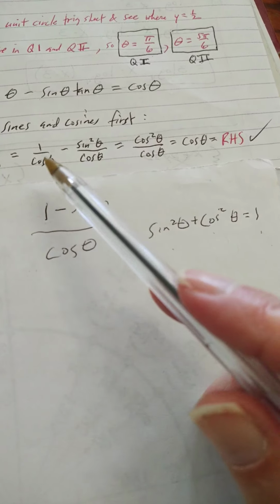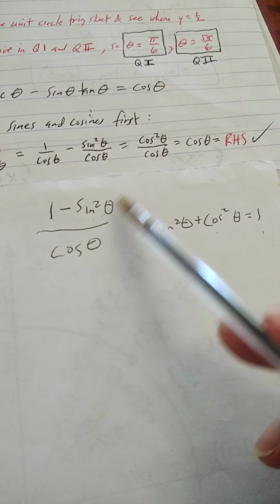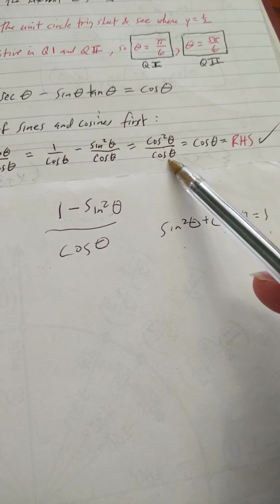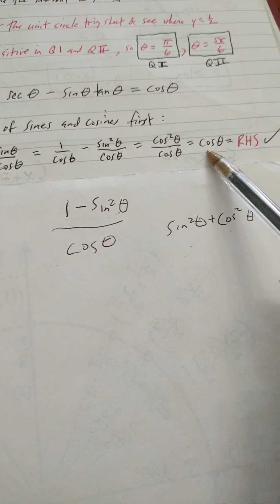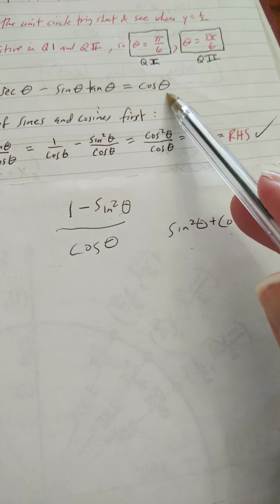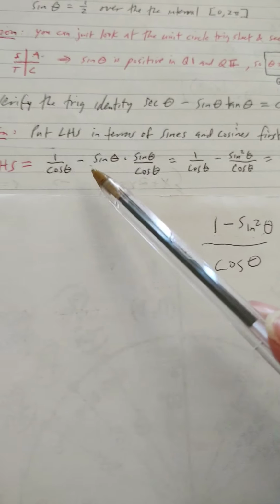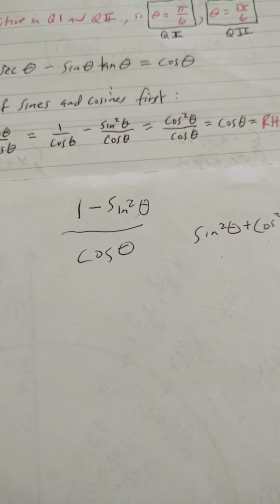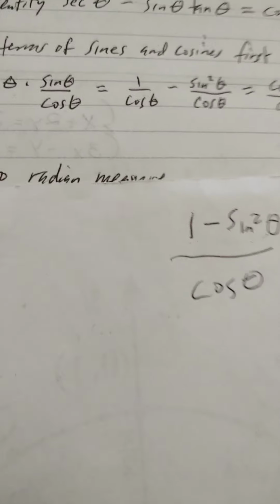So 1 minus sine squared theta is cosine squared theta. And then what's cosine squared theta over cosine theta? It's just cosine theta. And that's exactly what we wanted, because that is the right-hand side. So we've shown the left-hand side is equal to the right-hand side, and we're done with that problem. Okay, let's see what the next problem looks like.